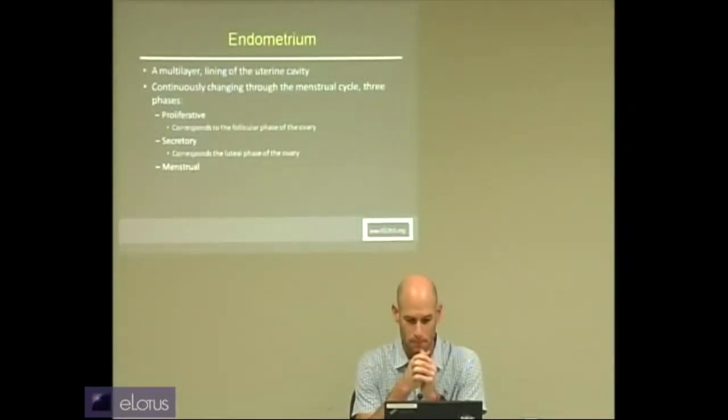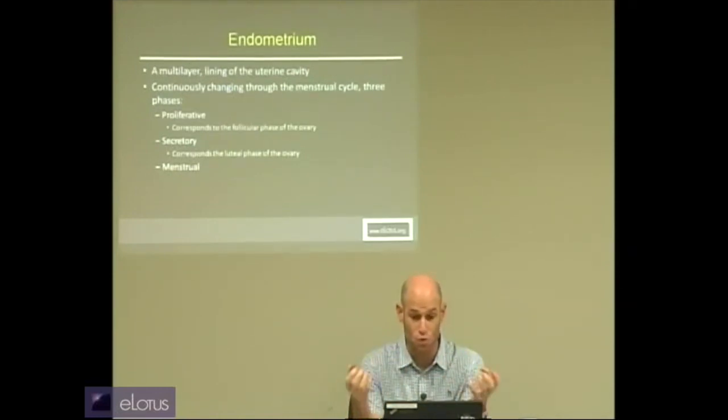So, let's talk a little bit about the endometrium. The endometrium is the layer of tissue inside of the uterus that is designed to support the pregnancy. It's a multi-layer lining inside of the cavity, which is continuously changing throughout the menstrual cycle.